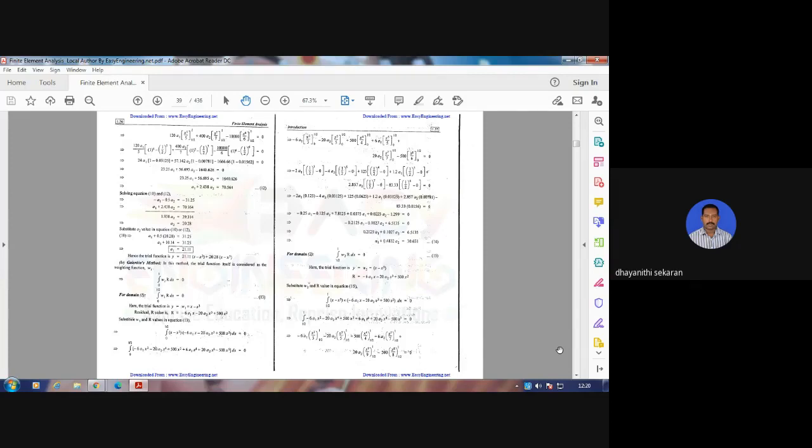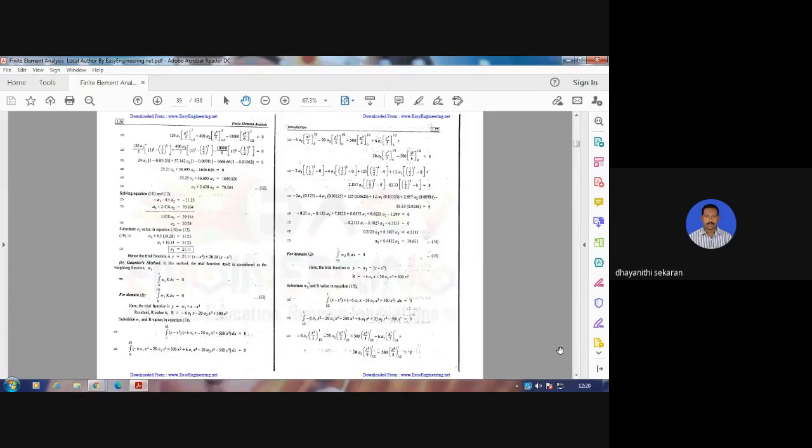So solving these two equations, we are getting a1 equal to 21.11, a2 equal to 20.28. So the trial function y is equal to 21.11 (x minus x cube) plus 20.28 (x minus x power 5).